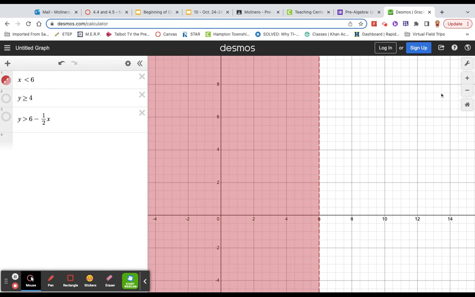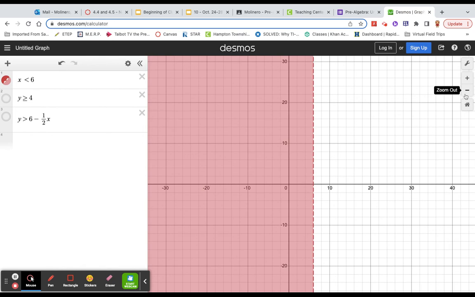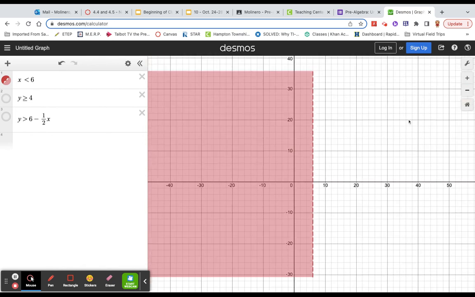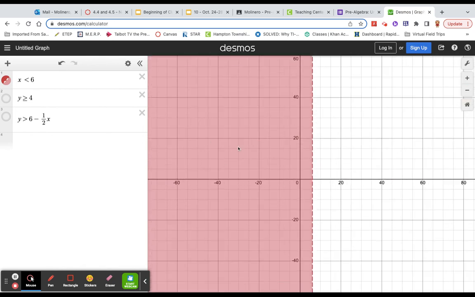Any point that's over in this red space, and if we zoom out, you can still see that red space is growing and growing. It's not just confined to what was originally on the screen. Every single one of these points, even if I go negative 60, 20, and I'm way over here on the left, I'm still getting that their x value is less than 6. Once I cross over that boundary line, that would no longer be the case. So this is the one exception where you can talk about shading to the left and shading to the right.